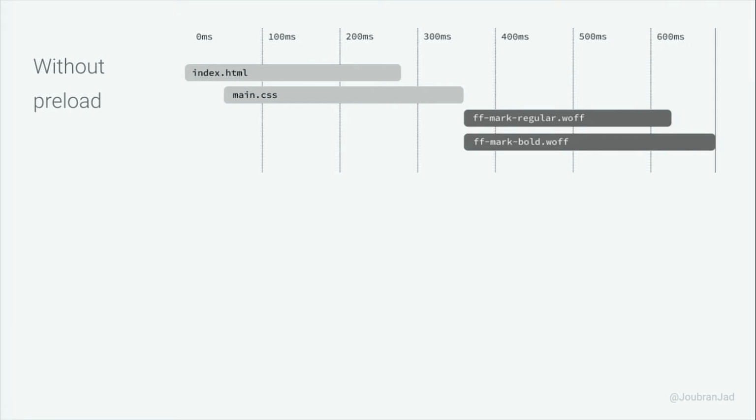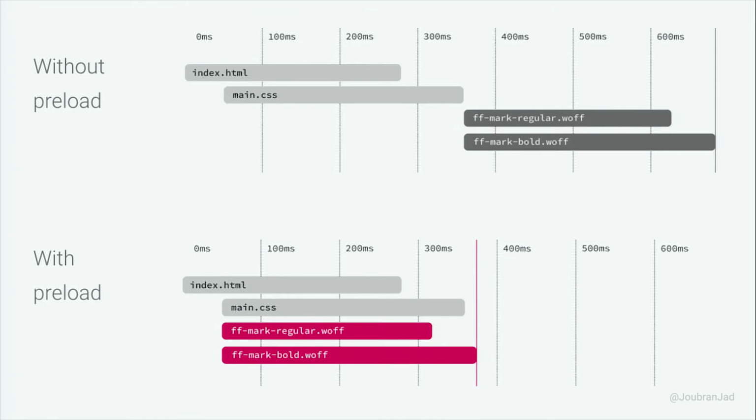That's because browsers are afraid that the developer ends up loading 10 fonts and not using them. So the browser will only start loading them when it's confident that you're going to use it. But this ends up having a flash of unstyled content, because we have the content here, but we don't have the fonts. So we actually want to shift those two to the left as soon as possible.